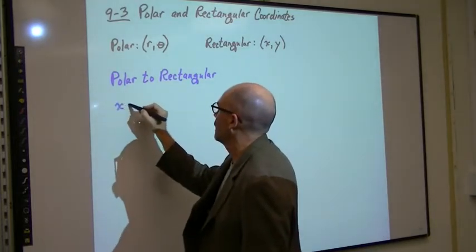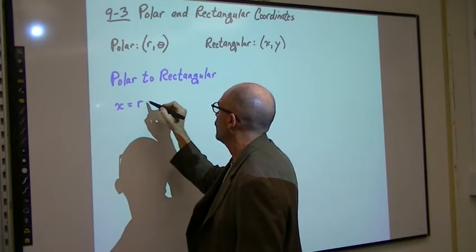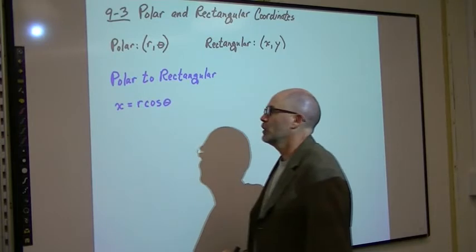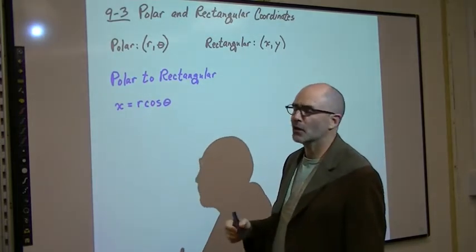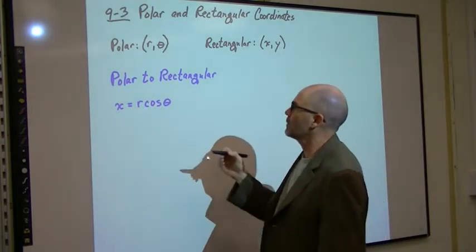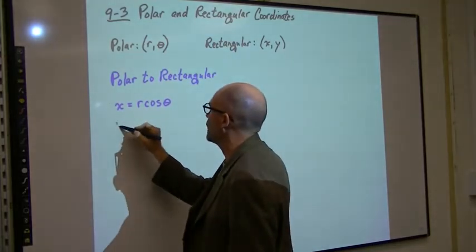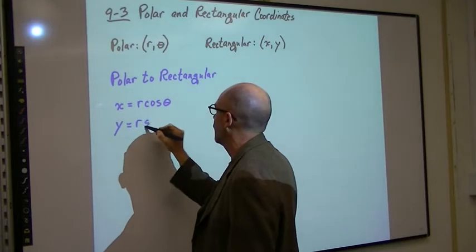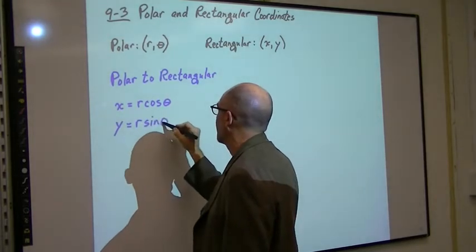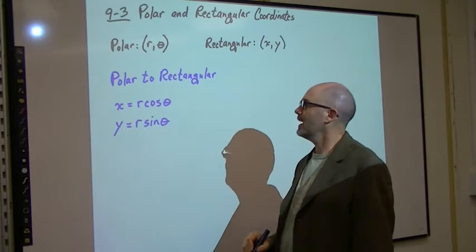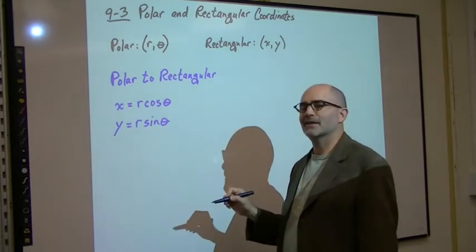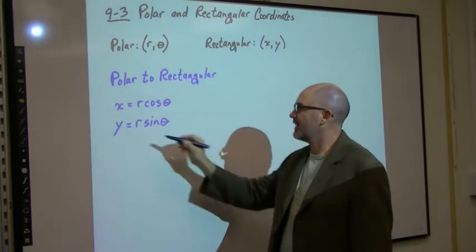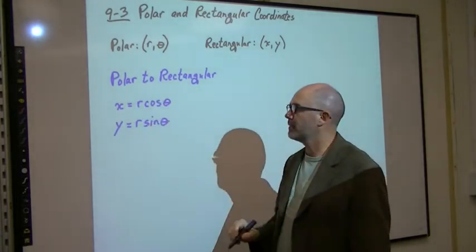X equals r cosine theta. You may recall that from last chapter. X equals r cosine theta, and what do you think y will be? Very good, boys and girls. It's r sine theta. Okay, so if you give me an r and a theta, then I can give you an x or a y.